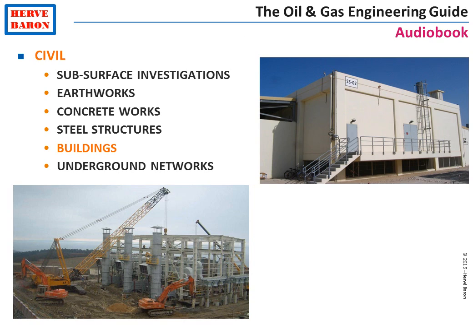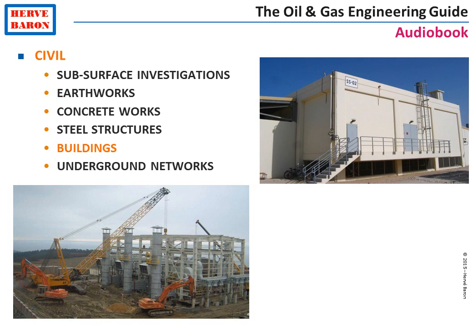The design of buildings starts from their functional requirement. For instance, a building housing rotating machinery with an overhead bridge crane for maintenance, or a building housing electrical or instrumentation equipment.